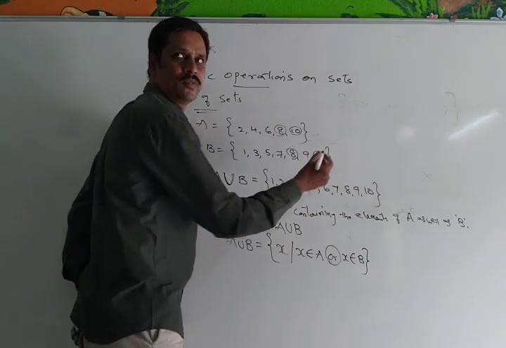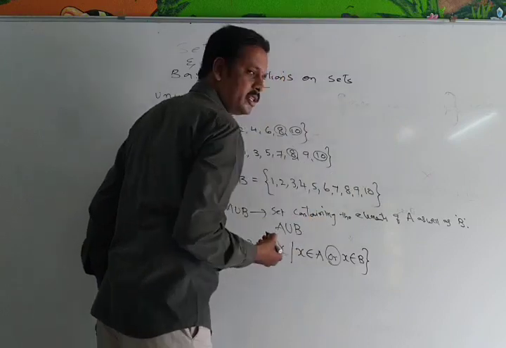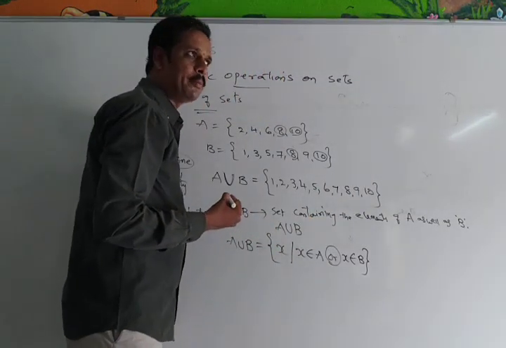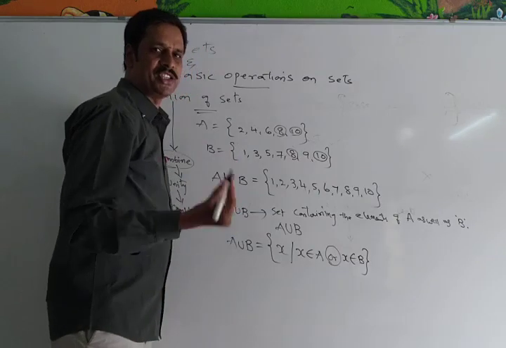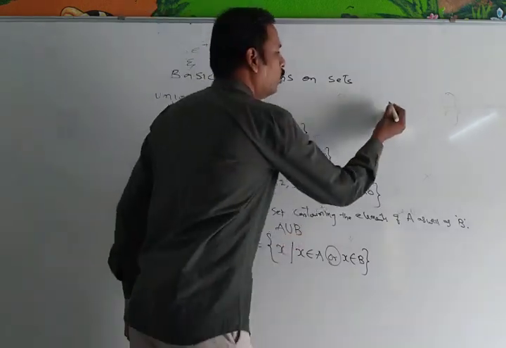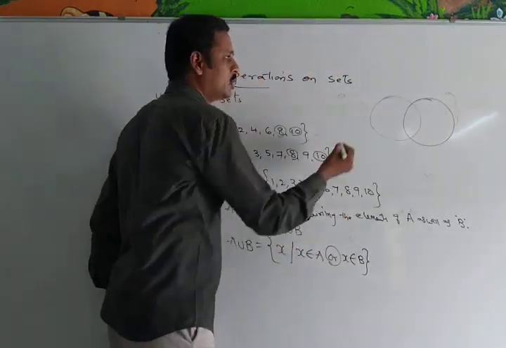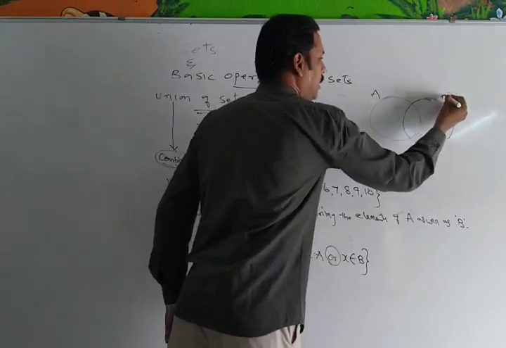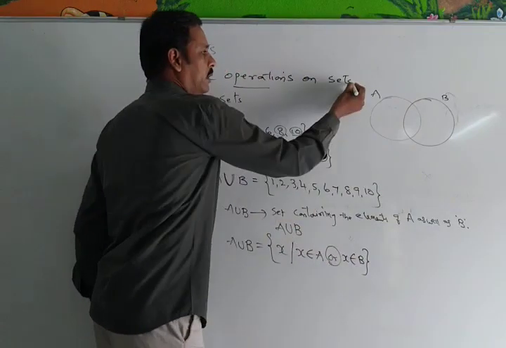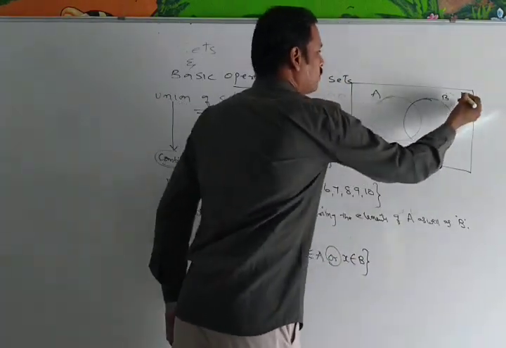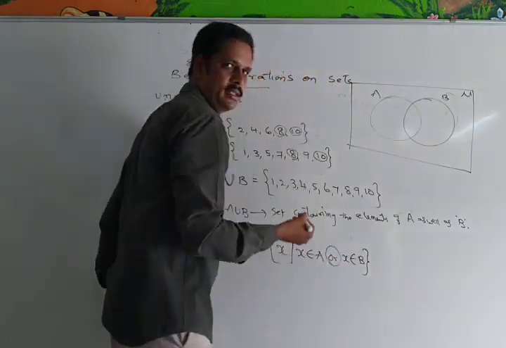Venn diagrams are used to represent the set in the form of pictures. So in general, we will be taking a circle to denote the sets, that is A and B, and we have to keep this in the rectangular box which is called the universal set.